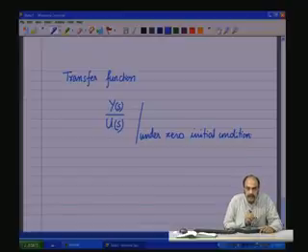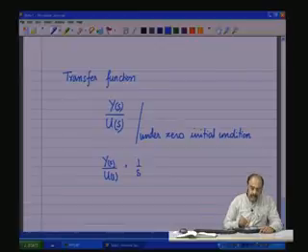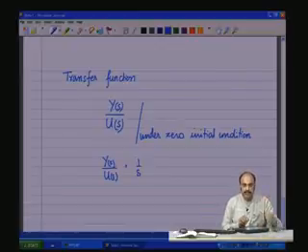This is how a transfer function is defined, and what we got as the transfer function of the integrator, which is y s by u s, is 1 by s under the condition that the integrator initial condition is 0.